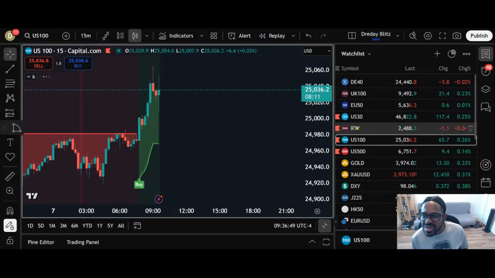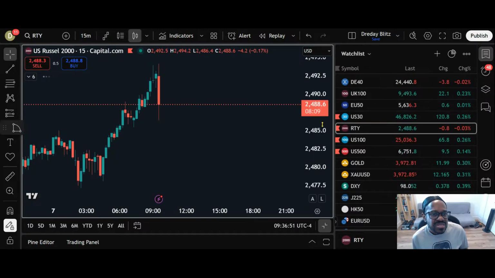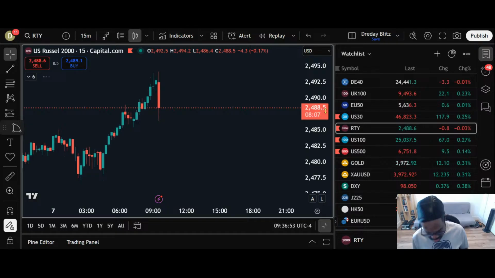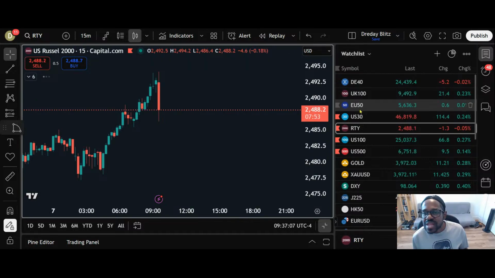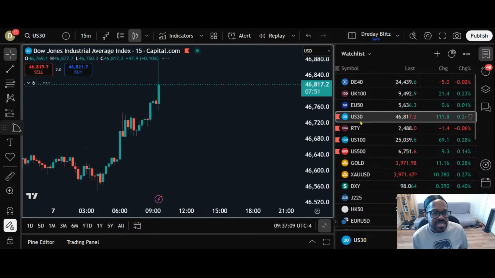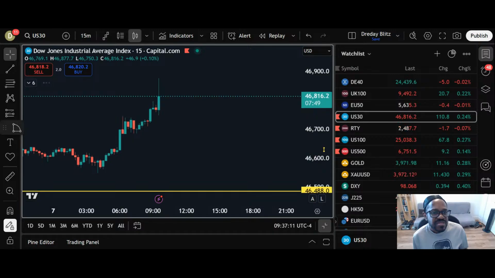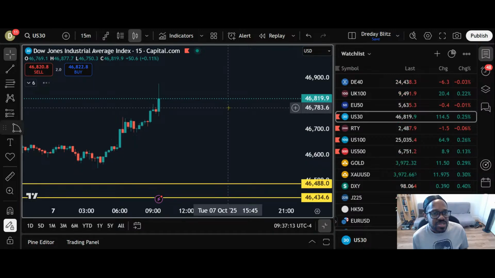And we had Russell, I think, is the buying, but Russell is going down right now. Like I said, I'm looking for that sell. Usually Russell will provide you with the actual entry here.